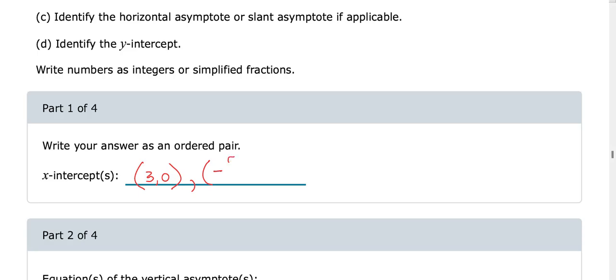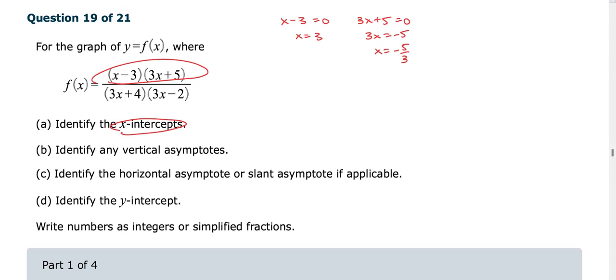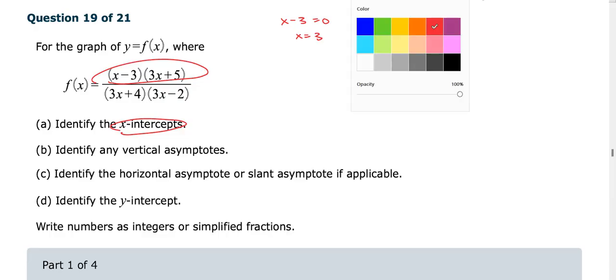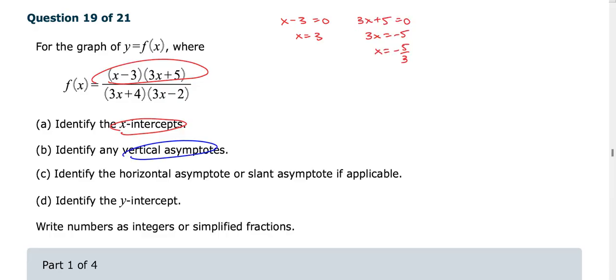Those are 2 points. Okay, vertical asymptotes. You would cancel common factors, but there's not any.